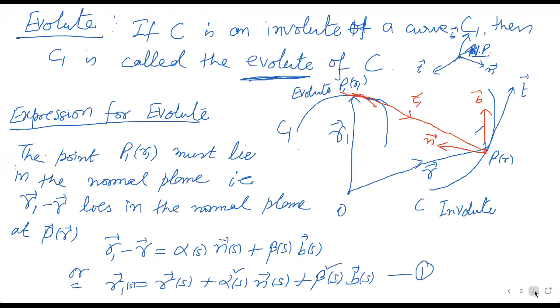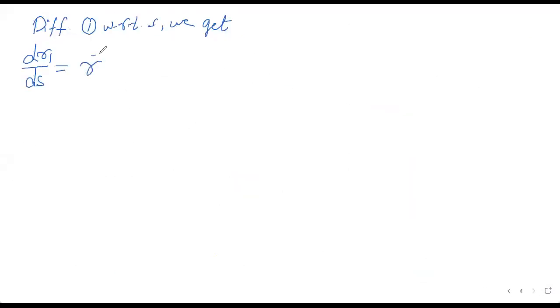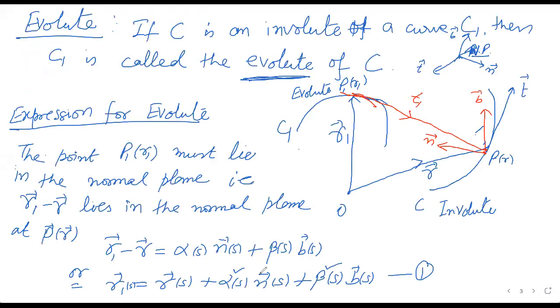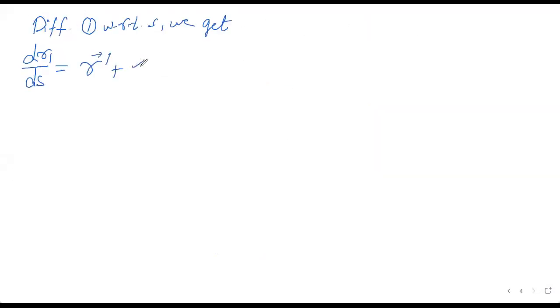Rs is R dash, so it will become R dash plus, now alpha and beta are all functions of S, so I will use the product rule. So you can write plus alpha dash N plus alpha N dash, and it is understood they are vectors, plus same thing beta, so beta dash vector B plus beta B dash.